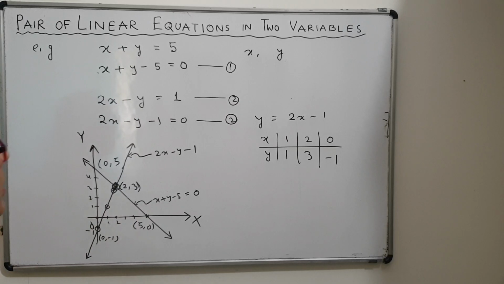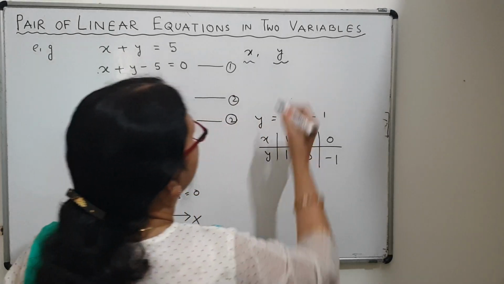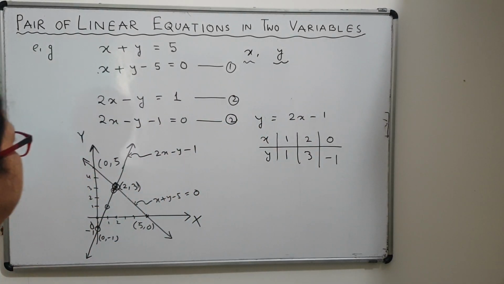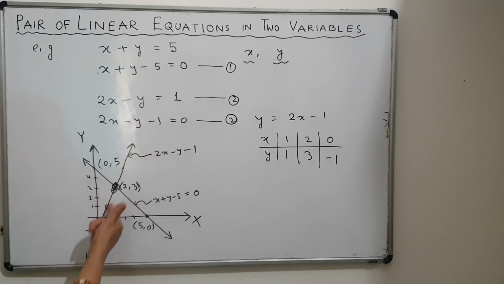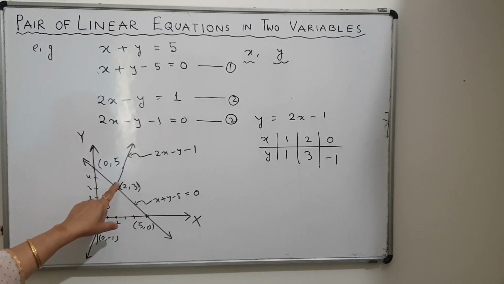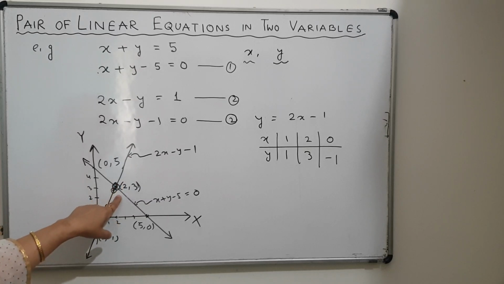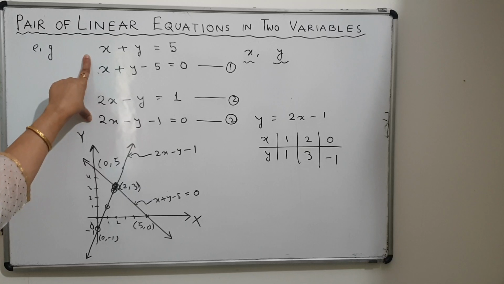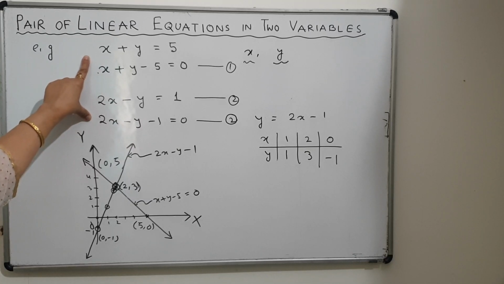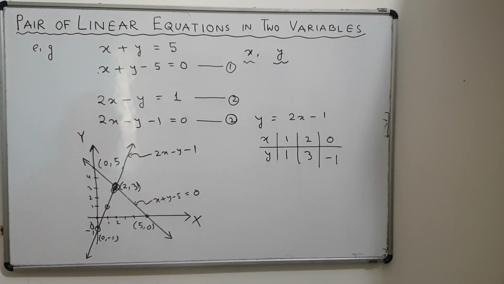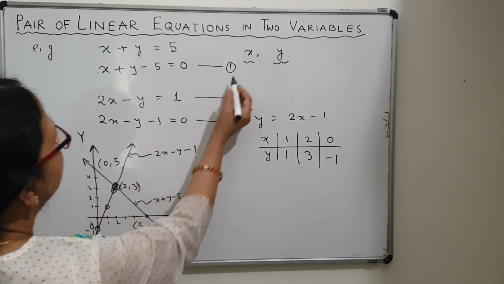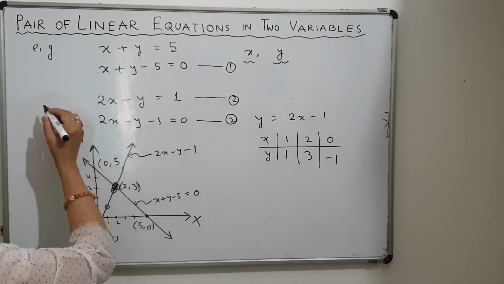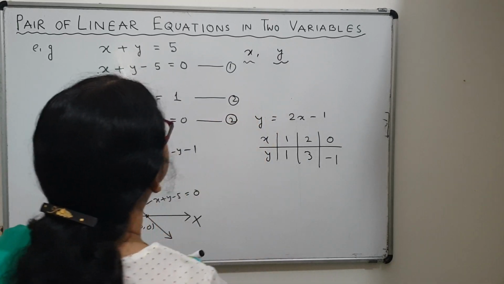So to know the values of the unknown variables, I need a minimum of 2 lines to get the point of intersection, which will be the common solution. So that means I need a pair of linear equations in two variables. That's why we have to study it. That's why I need the pair. So you see equation 1 and 2. I can write it in this way now.